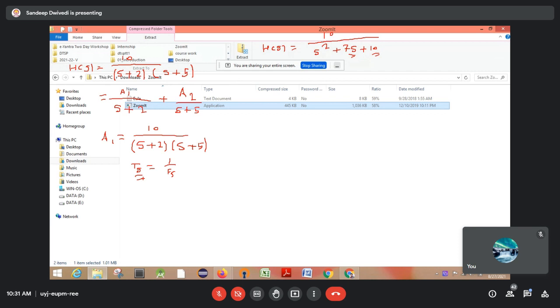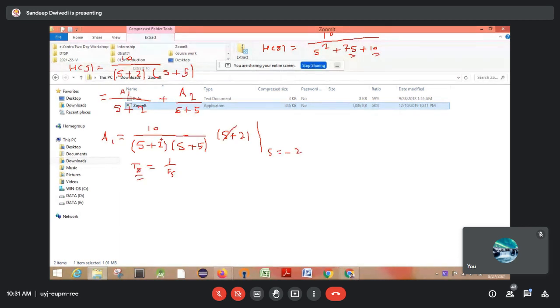So here you need to find a1, and for a1, that is pole 1, you need to write that bracket, that is s plus 2, with this, and s is equal to minus 2. So at this pole you can solve this.